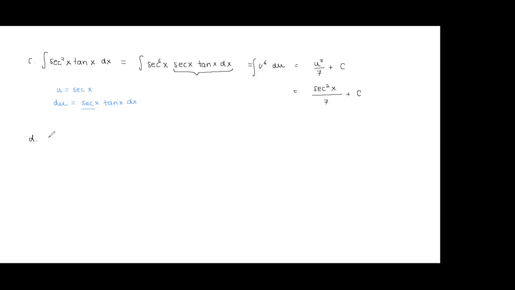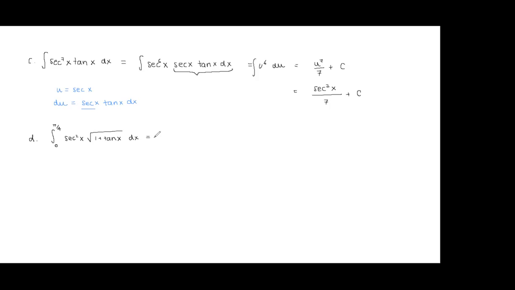So in that case, I'm going to give you the following problem to solve, which is the integral from 0 to pi over 4 of secant squared of x times the square root of 1 plus tangent of x with respect to x.